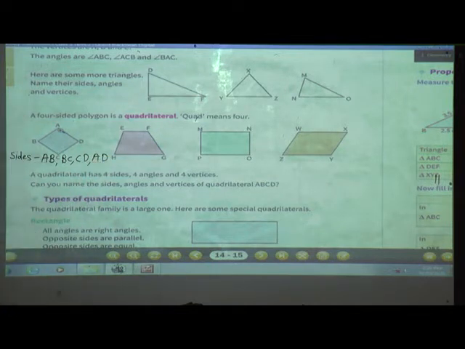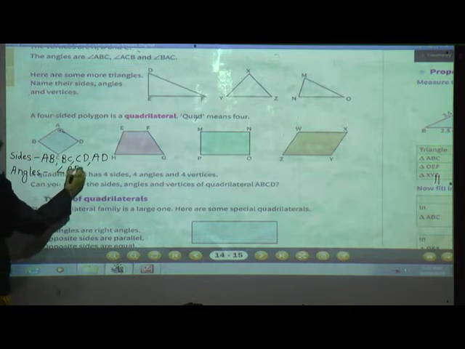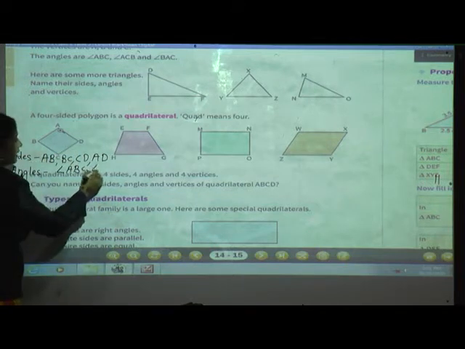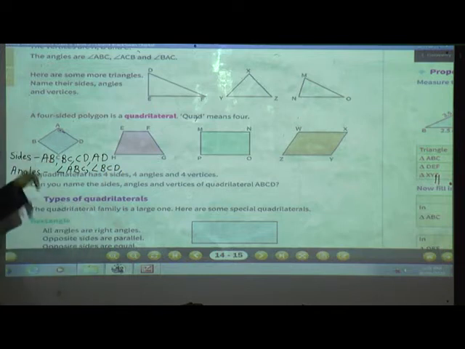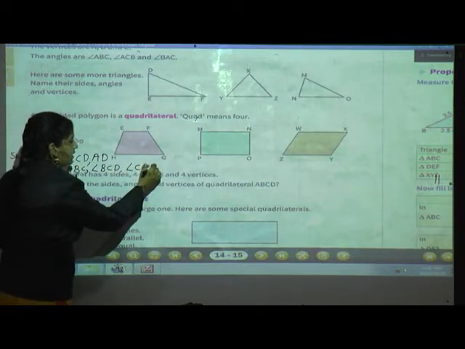Now, angles. Tell me angles. Yes, students. Angle ABC. Second one, angle BCD. Third one, angle CDA.